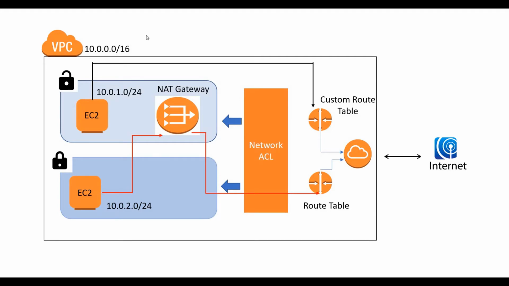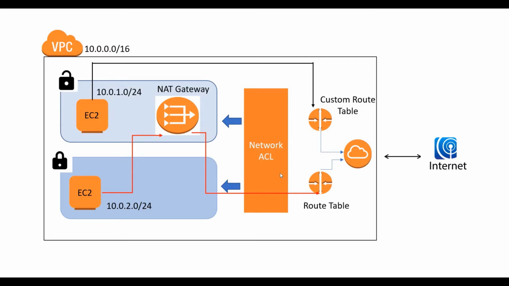As per the diagram, I'll create two subnets, 10.0.1.0 and 10.0.2.0. Each subnet will have one EC2 instance, and I'll be loading an Apache server so that we can connect and see whether that EC2 is working with the ports.